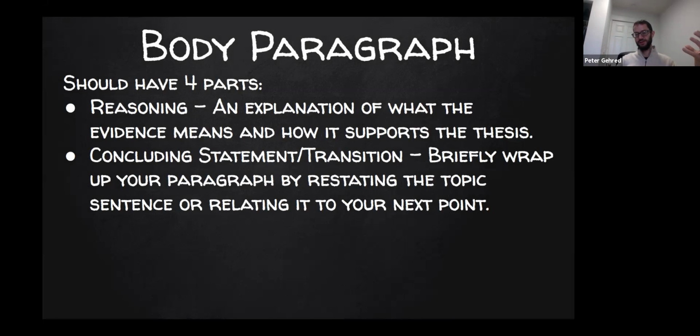Then from the evidence, you do the reasoning. That's the "because." Okay, how does this quote I use, this description of the action, this paraphrase of what happened, support the point I'm trying to make ultimately? In this case, the point we're trying to make is around the themes of the different works.